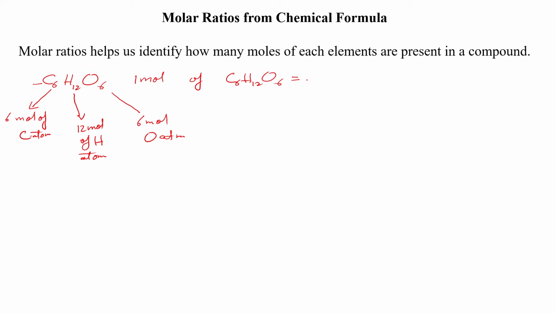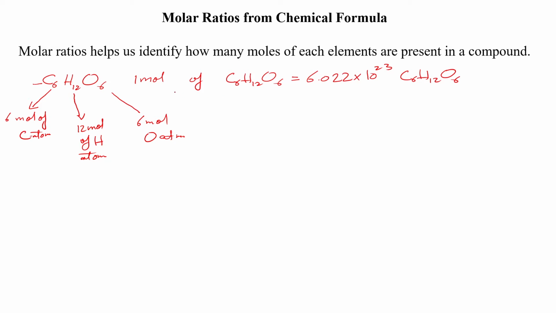So 1 mole of glucose equals 6.022 times 10 to the 23 glucose molecules, right? That's a glucose molecule. But now for instance, 1 mole of glucose is given, and the question is you have to find the atoms of oxygen in it.